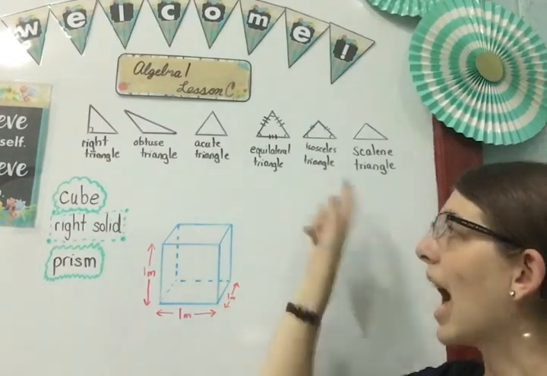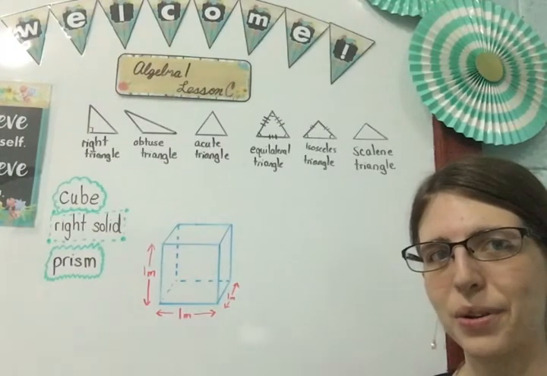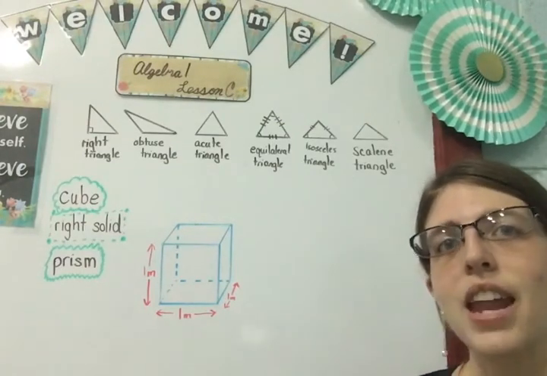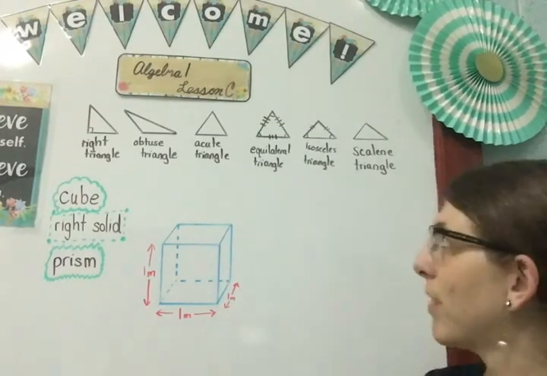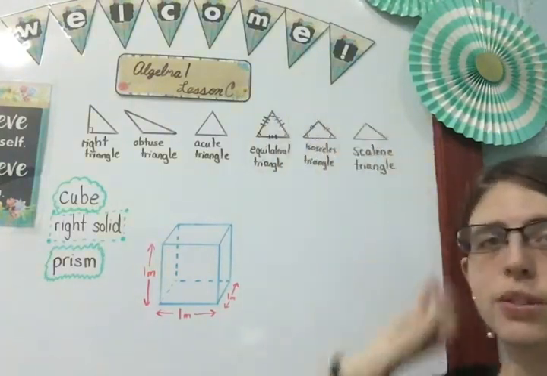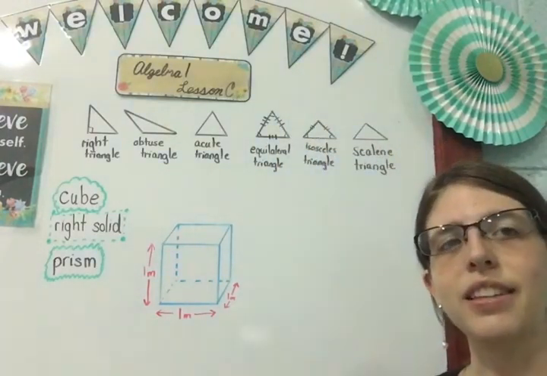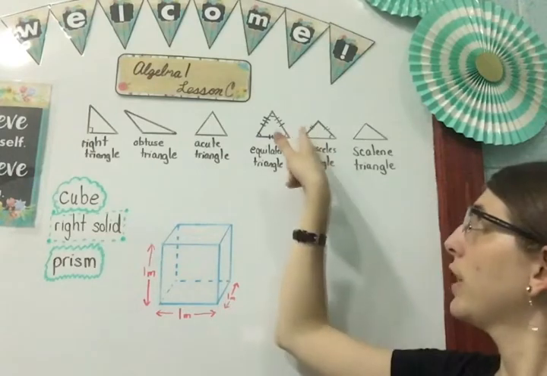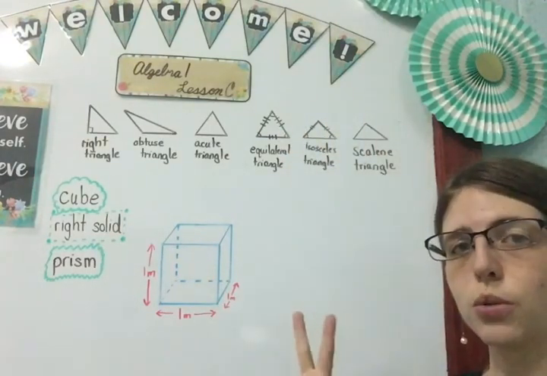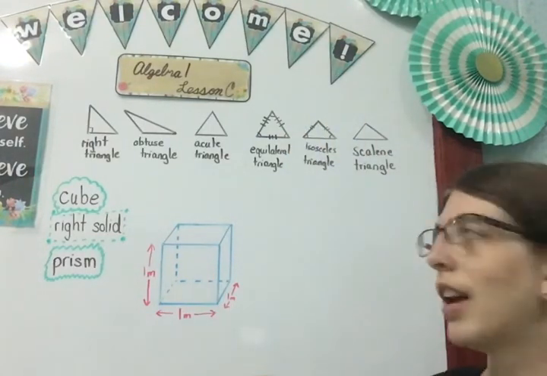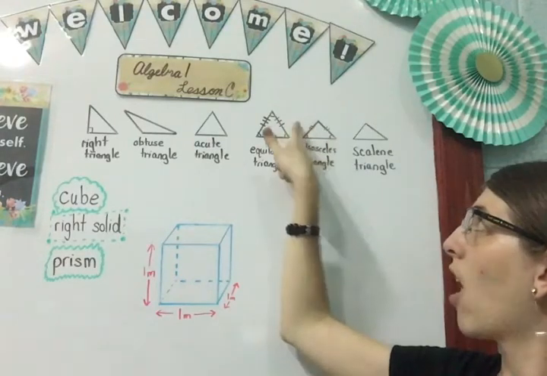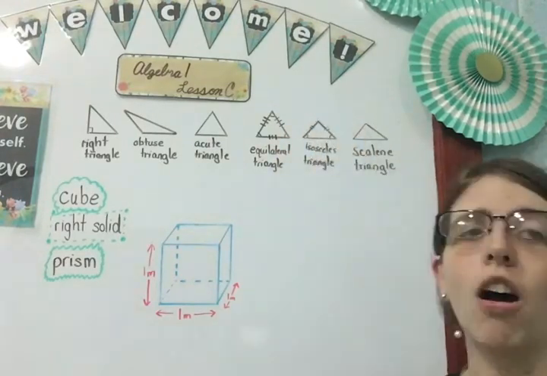Next we have the isosceles triangle. Now an isosceles triangle, as you can see by these little marks, remember those hash marks? They mean that sides are equal. It shows that you have 2 equal sides, only 2, not 3. And their angles that are opposite them are also equal.